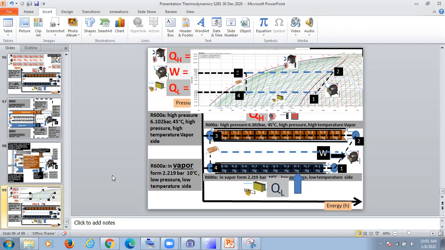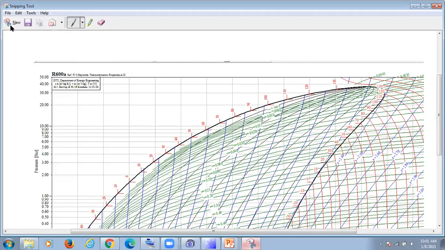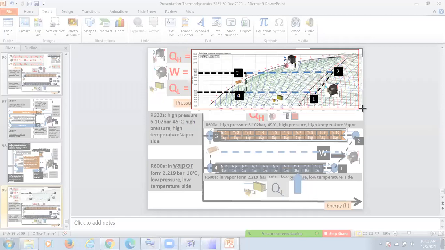So that energy line is the enthalpy line. So this pH diagram is one of the very important diagrams in analyzing or looking into the systems. Okay, pH diagrams. It's very important. So let me take this.